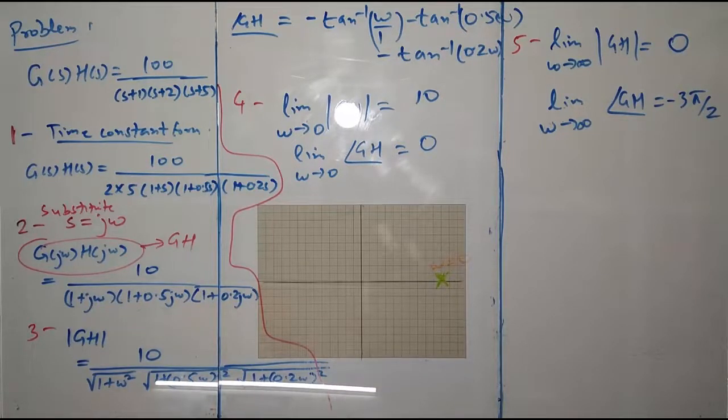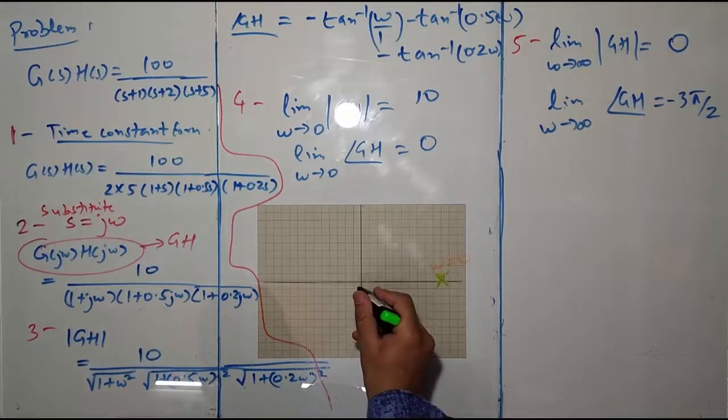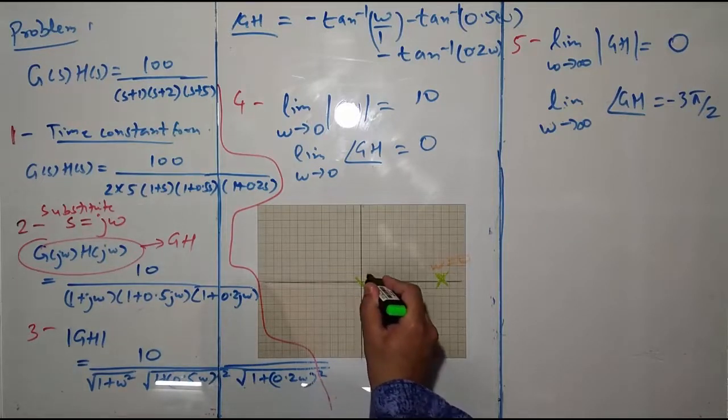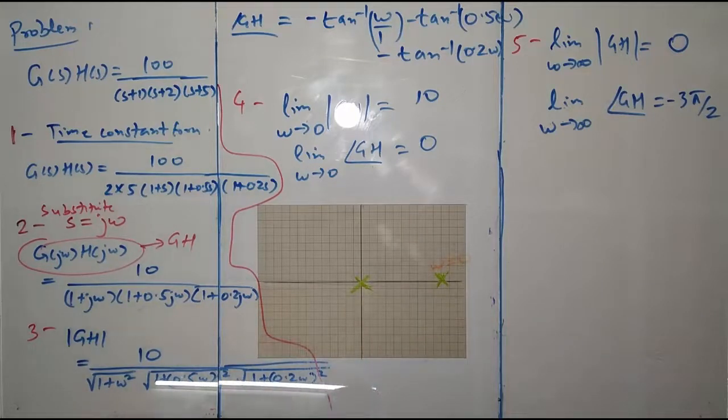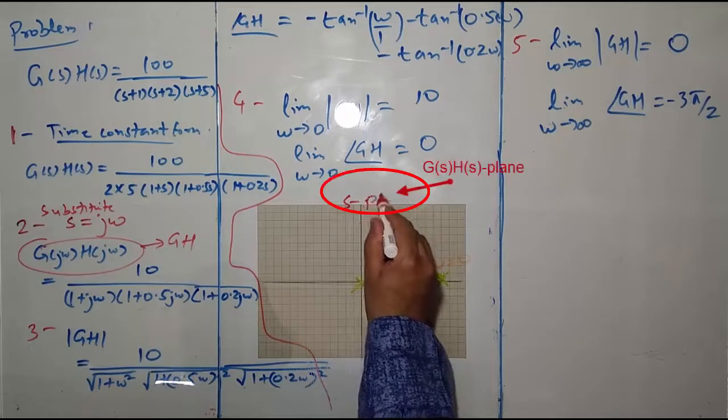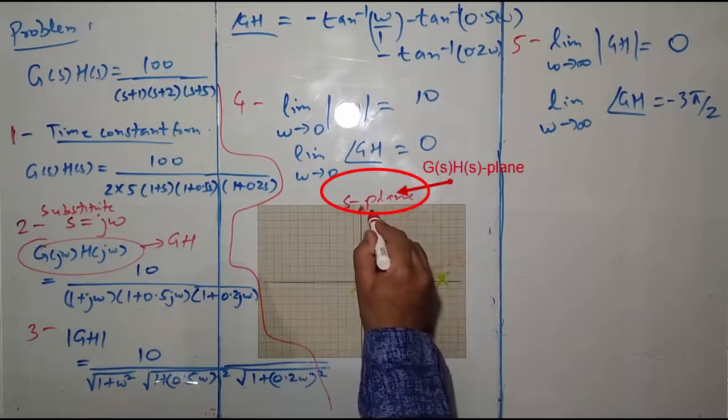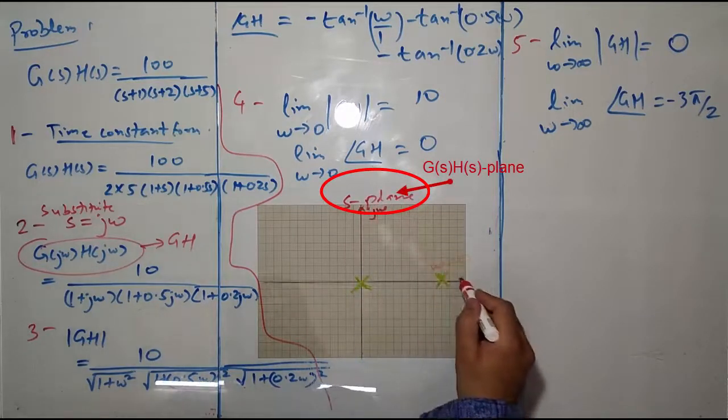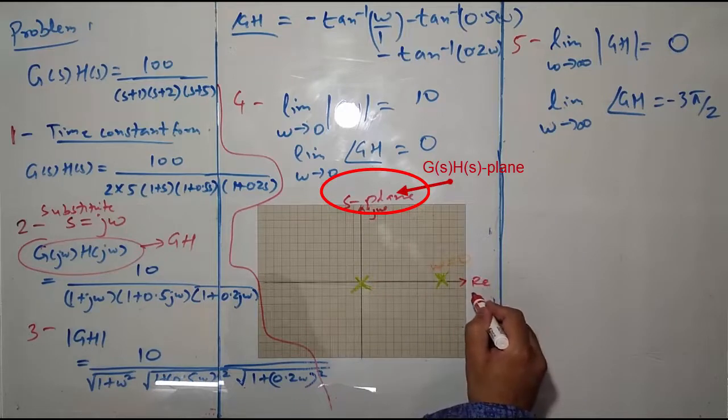Similarly, the second point, which corresponds to omega infinity, has magnitude 0 and angle minus 3 pi by 2. Magnitude 0 means that the point will be lying at the origin of this plane. So if this is the S plane, this is the j omega axis or the imaginary axis, while this is the real axis or sigma axis.